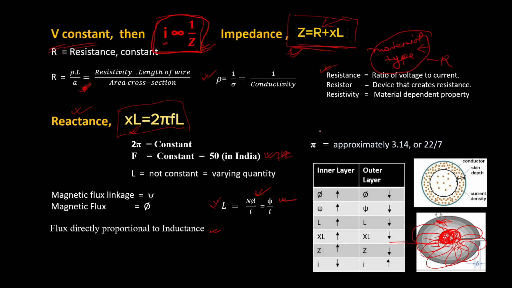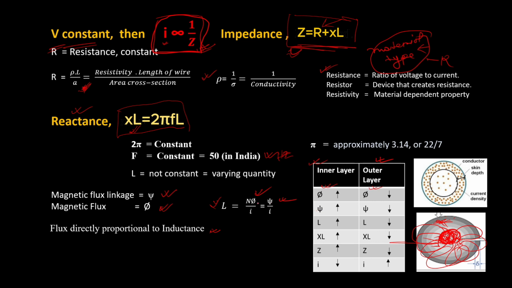You can understand this with one table nicely. Look here, for inner layer and for outer layer. At first, for the inner layer, magnetic flux increases, and for the outer layer, magnetic flux decreases. This is one of the theories for the skin effect. When magnetic flux increases for the inner layer, then magnetic flux linkage also increases.